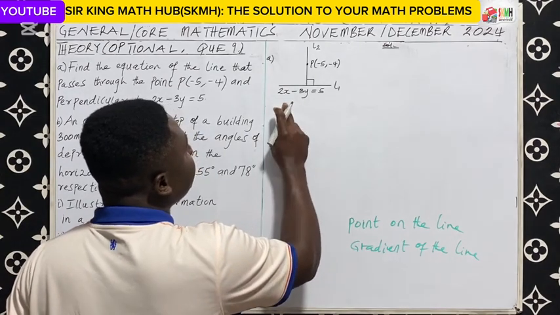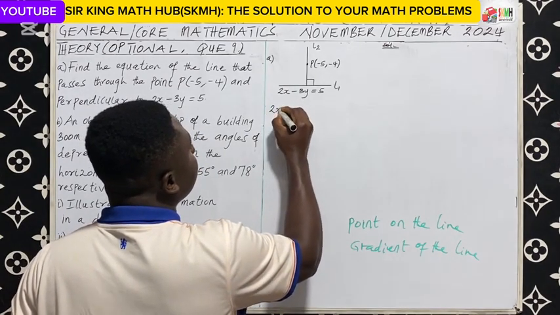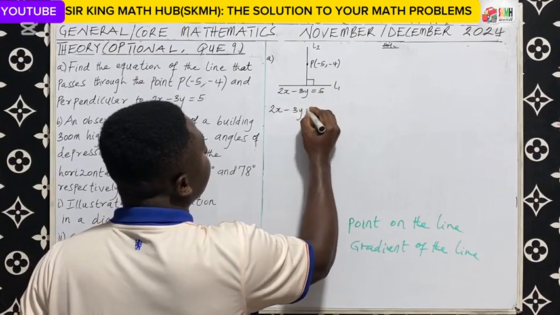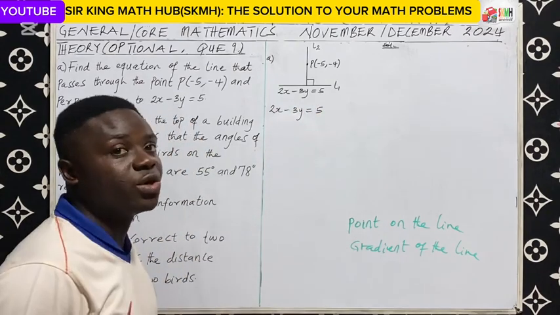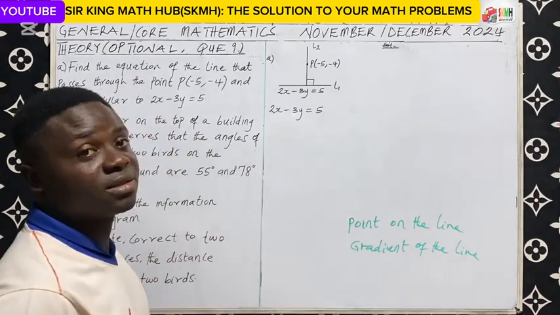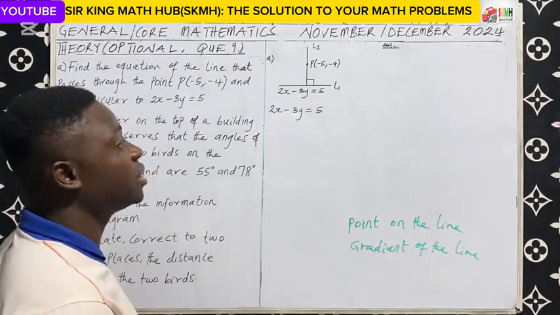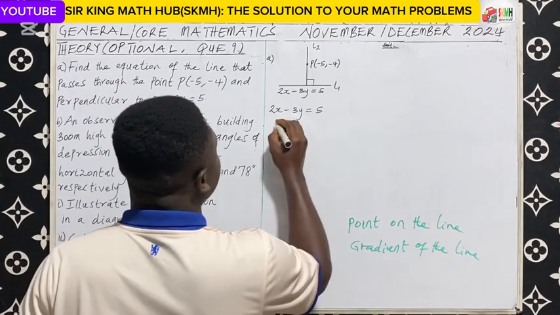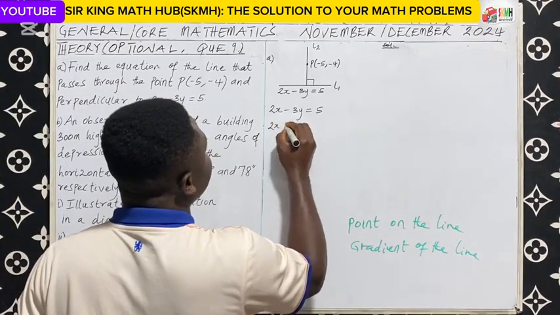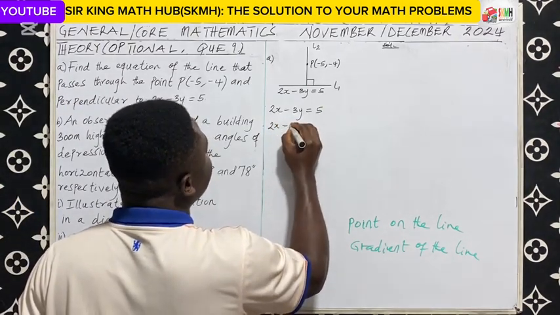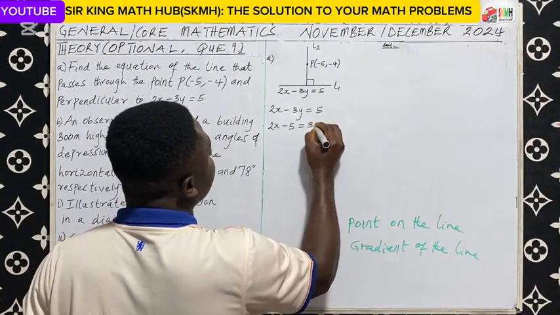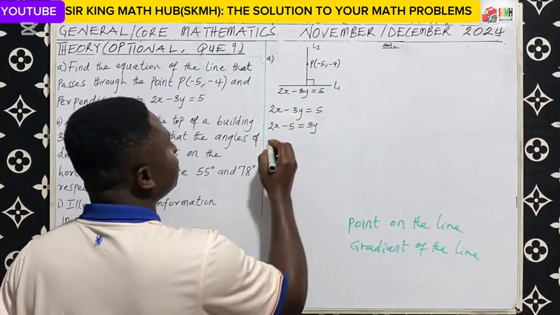To find the gradient of line 1, let's make y the subject using the equation of line 1. So we have 2x, transpose +5 to the left, -5 is equal to 3y.